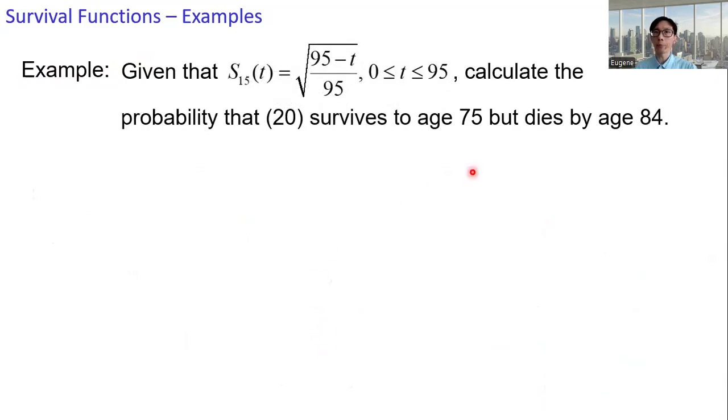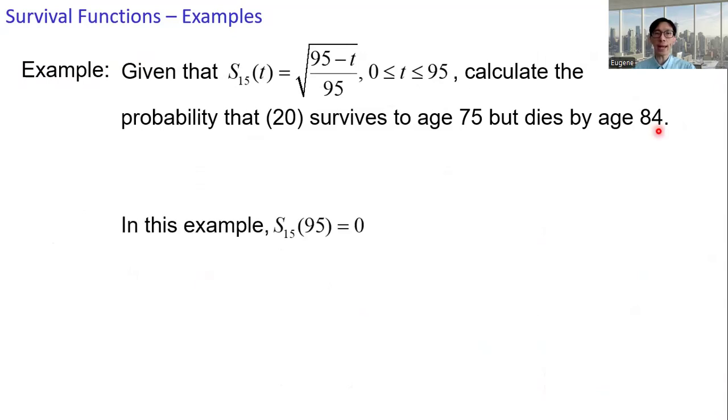The next example. Given the survival function at age 15, S15 equals this expression, calculate the probability that a person age 20 survives to age 75 but dies by age 84.